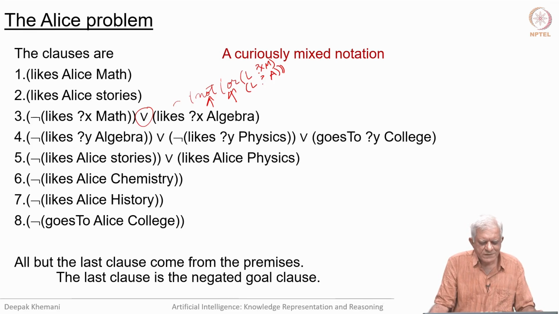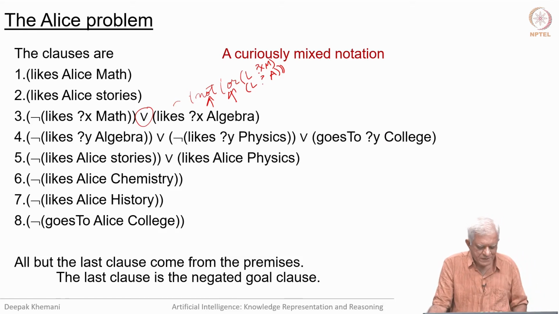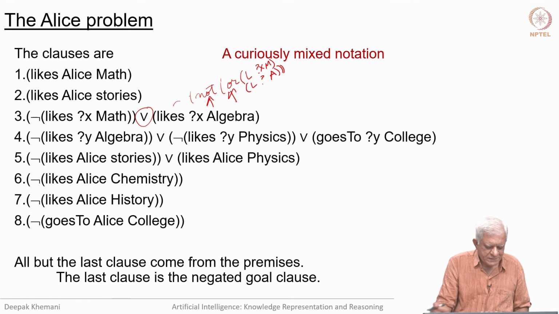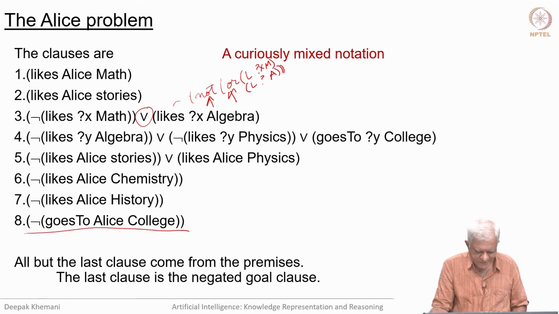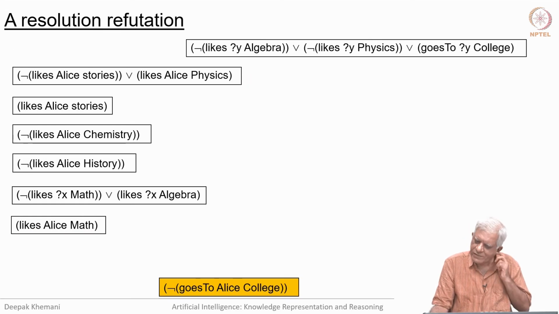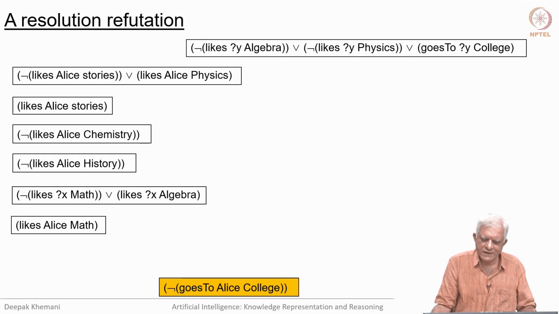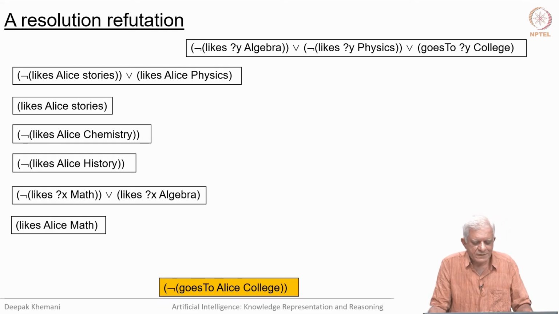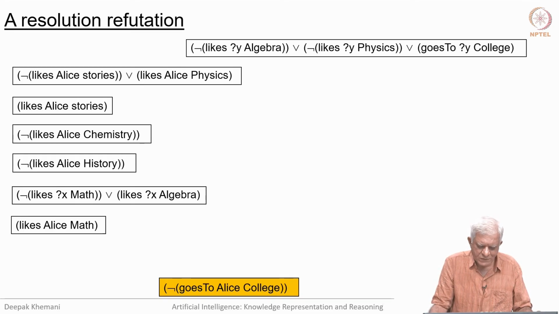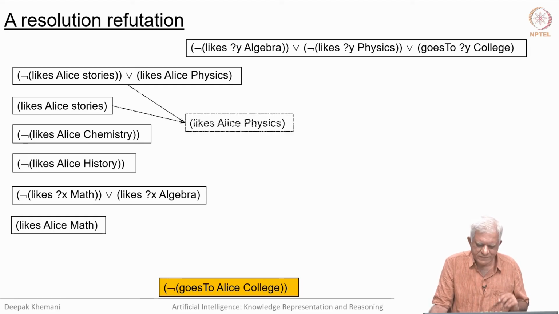So, this is the Alice problem converted into clause form, and this last one is the negated goal clause, as we have been seeing. The clauses are all drawn neatly on this slide, and we can go through the steps one by one.